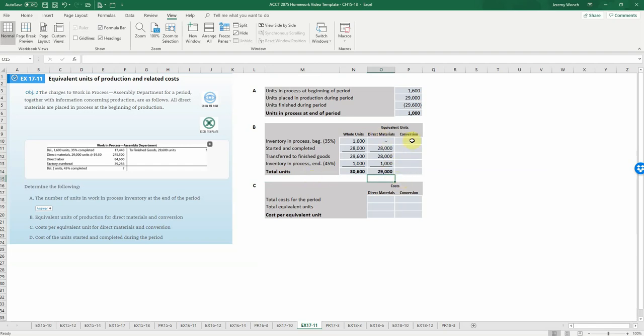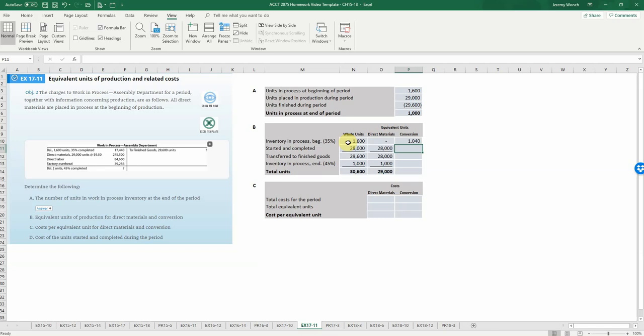And now for conversion cost. Conversion cost was 35% completed at the beginning. To figure out what we added during the month, that's going to be 1 minus the 35%. So the conversion cost in beginning inventory, we're going to have 1,040.